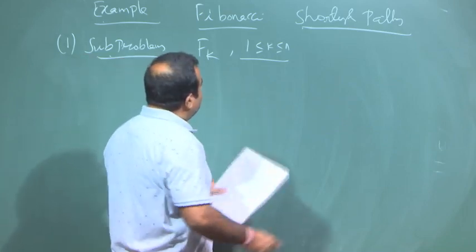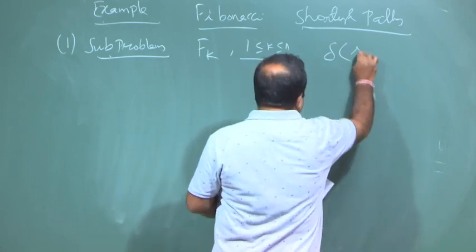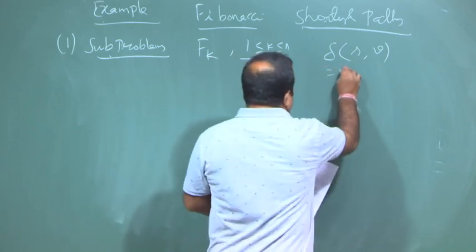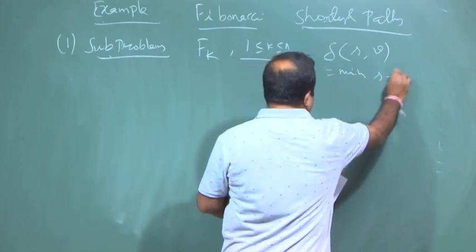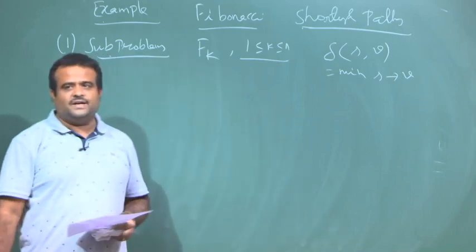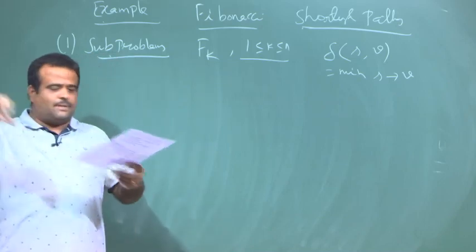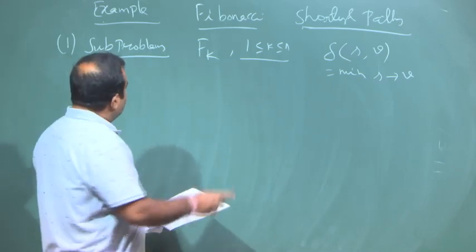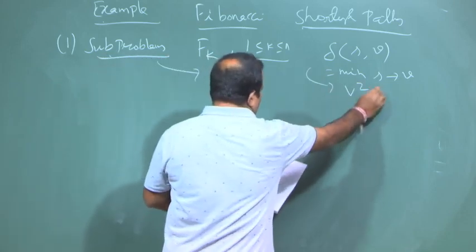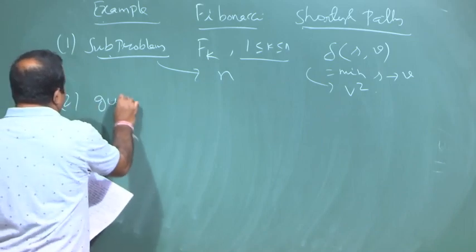For shortest path, the sub problems are delta of k, s comma v, the minimum weight from s to v using at most k edges. Hypothetically we know the answer up to these sub problems. The number of sub problems here is n, but for shortest path it is v square. Now, the guessing step.